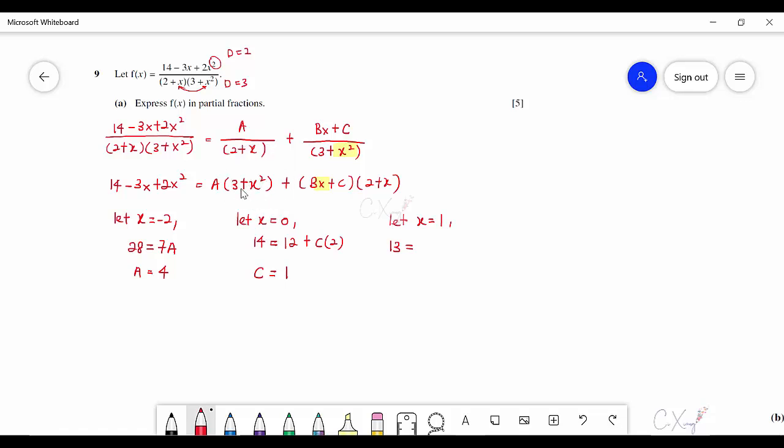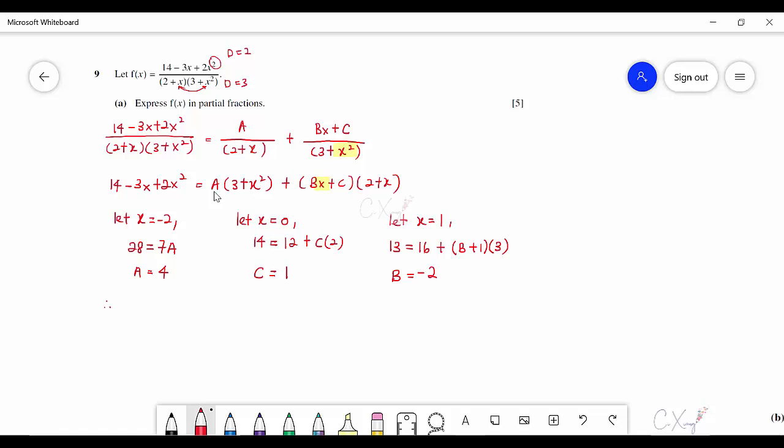Then 1 plus 3 is 4. 4 multiplied with 4, you get 16. Then plus bx, so that means B. Then C is plus 1, and then 2 plus 1 is 3. From here, if you simplify it slowly, eventually you will get the value of B, which is -2.